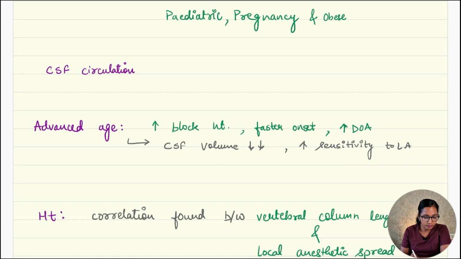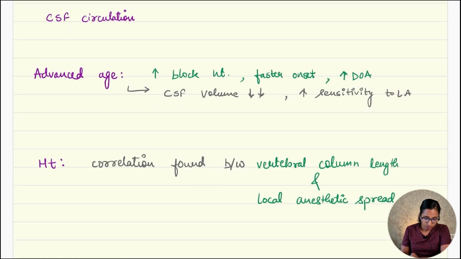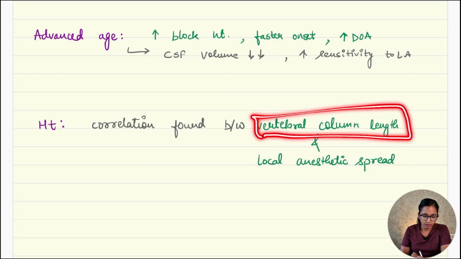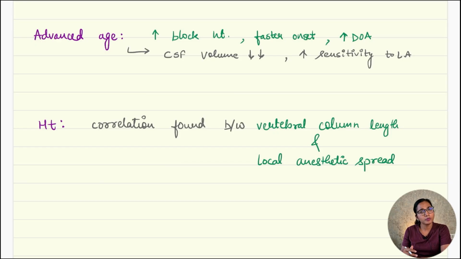So we have to decrease the drug dosage in elderly patients. If we talk about height, the local anesthetic spread is only related to vertebral column length. It is not related to the overall height of the patient.